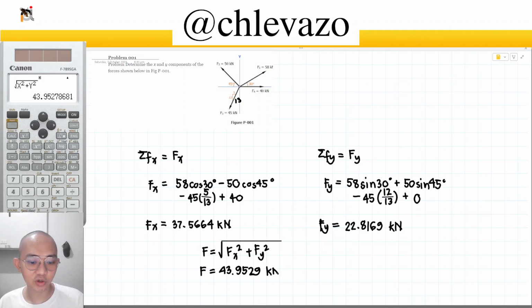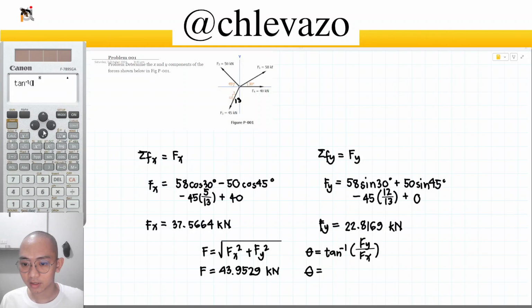And if ever you're going to get the direction theta, that is simply the arctangent of Fy over Fx. Okay? So, pag diretso na natin yon, ilan yung theta natin? So, that would be arctangent of y over x.